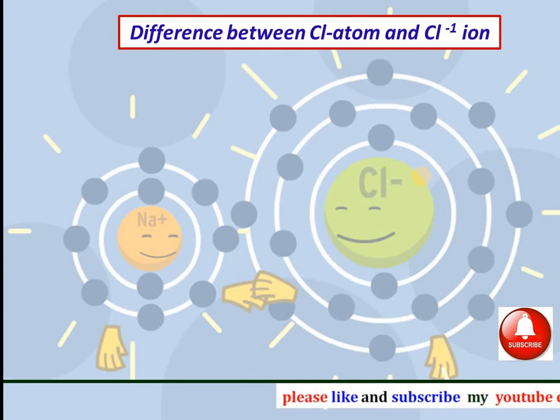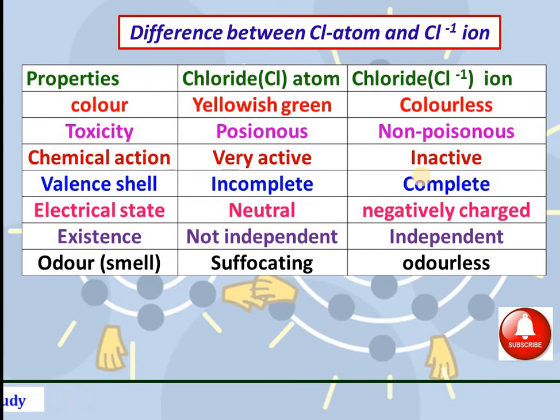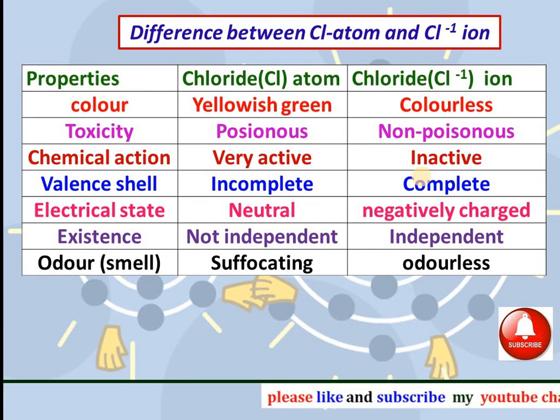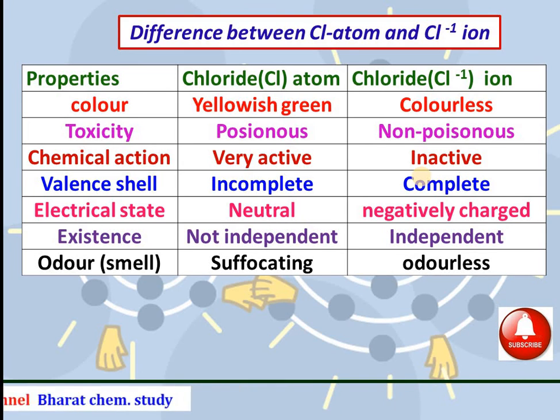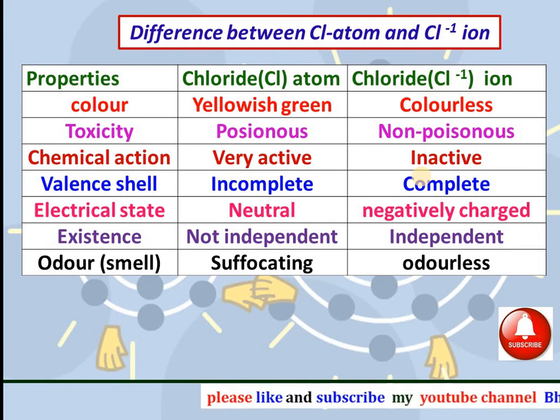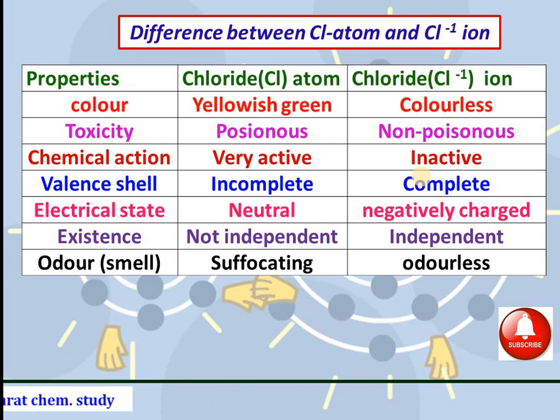Similarly, the difference between chlorine atom and chloride ion. So properties, color: chlorine atom is yellowish green because it exists as yellowish green gas, whereas chloride ion is colorless. Toxicity, chlorine atom is poisonous while chloride ion is non-poisonous. Now the chemical action, chlorine atom is very active while chloride ion is inactive.